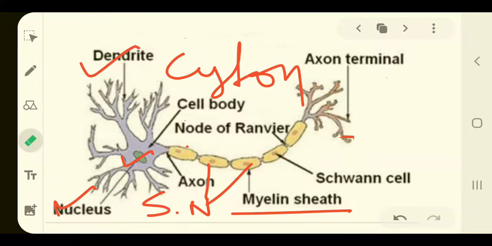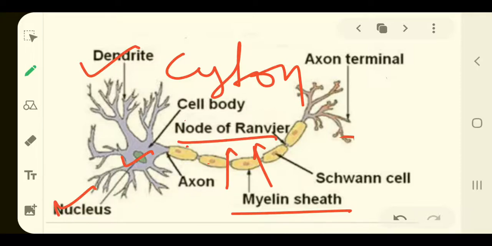And then you can see between these cells there is a tiny gap. These tiny gaps are referred to as nodes of Ranvier. Write it down, nodes of Ranvier, these tiny gaps. They are mentioned in the diagram, check it out.